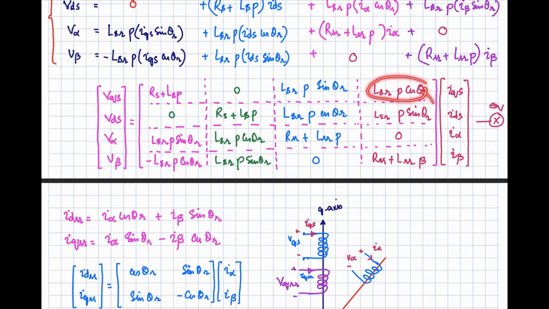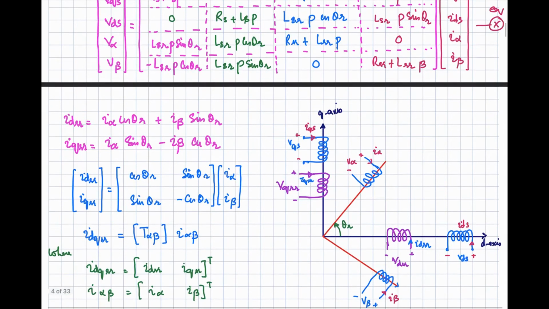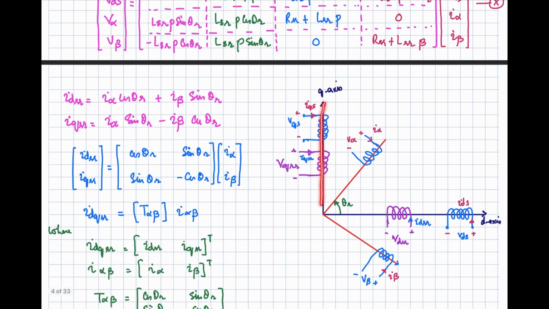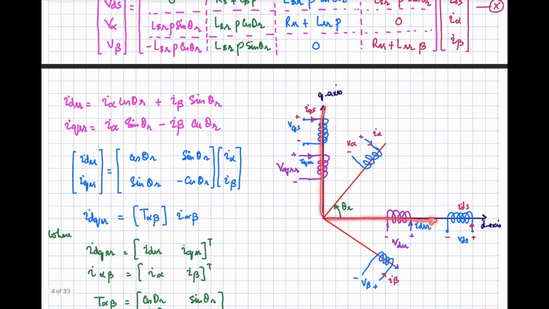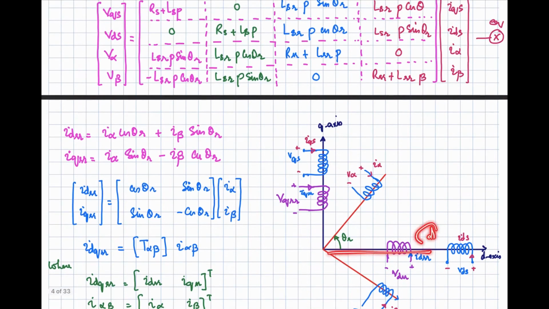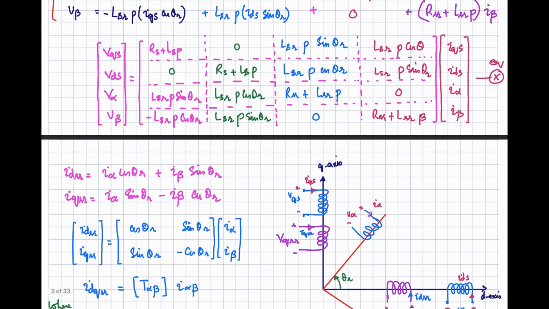This was linked with I beta, but it is no more I beta, it is now IDRR linked with the VQS, and as these two are orthogonal, this is the Q axis and this is the D axis, you are considering the current of the D axis and you are looking at the effect over the voltage of the Q axis. So that should be 0 because they are perpendicular to each other, and when they are perpendicular there will be no effect.